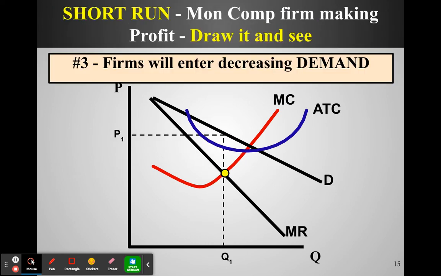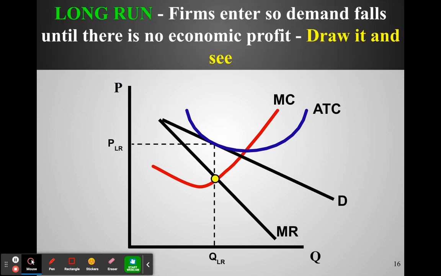So look and see how I toggle this. This is our short run monopoly graph showing a profit, monopolistically competitive. Firms have entered, it's decreased demand all the way down until there's no economic profit. So firms enter until suddenly there's zero economic profit.